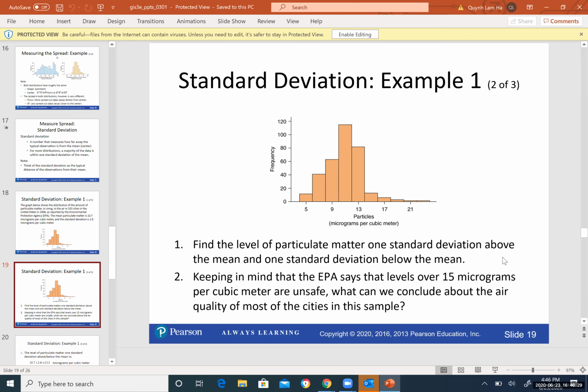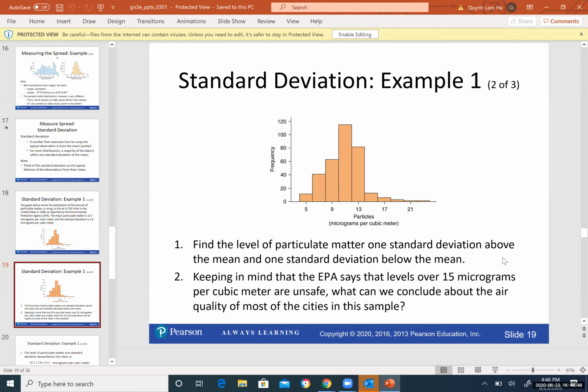For number 1, if you want to find the level one standard deviation above the mean and one standard deviation below the mean, first you have to figure out what the mean is and what the standard deviation s is.